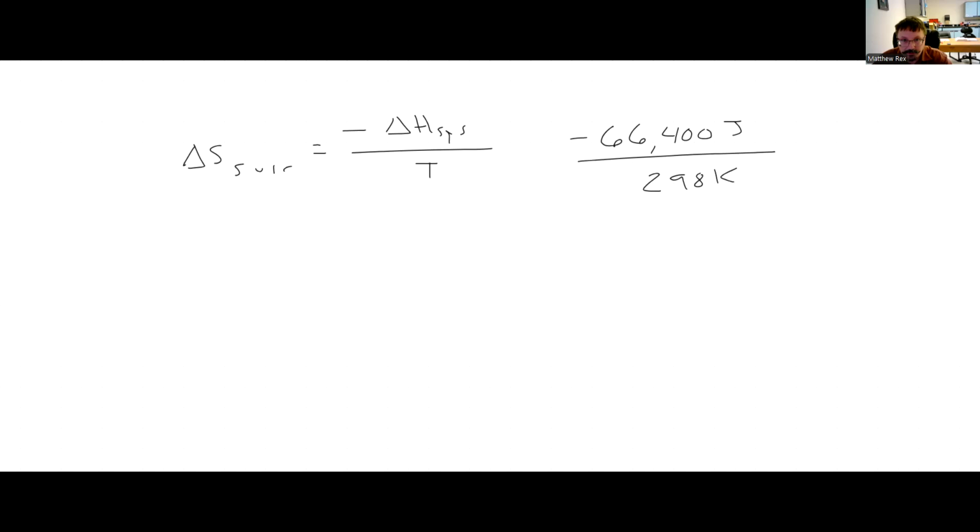And that's going to give us negative 222.8 joules per Kelvin. So rounding, we're looking at answer B.